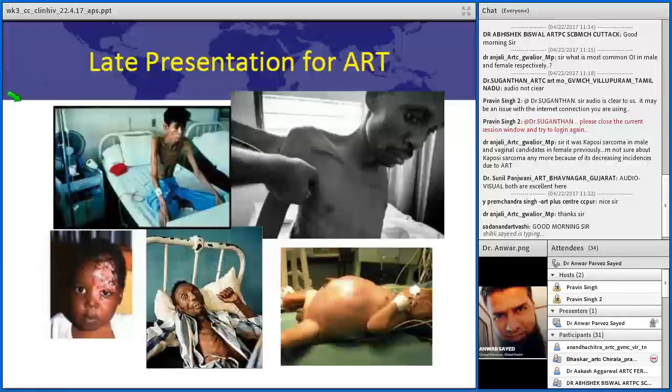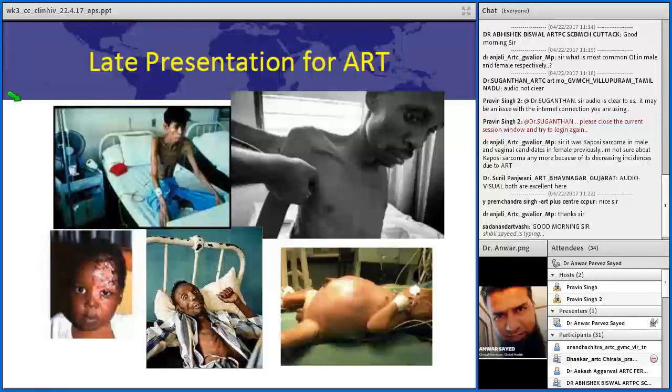Now, the late presentation for ART. This has still been a scenario in most countries, not only in India, but also in many developed countries, which have this problem of late presentation of people for ART. There are multiple reasons for that.